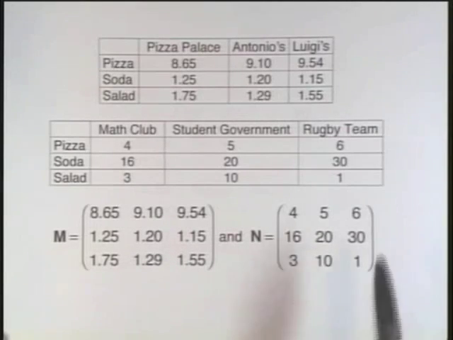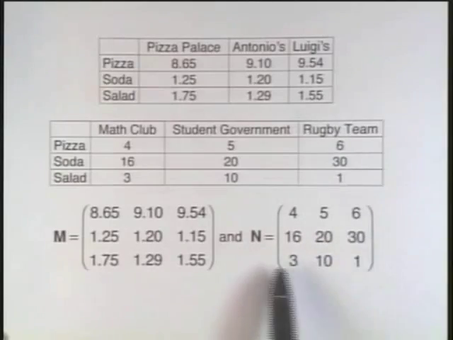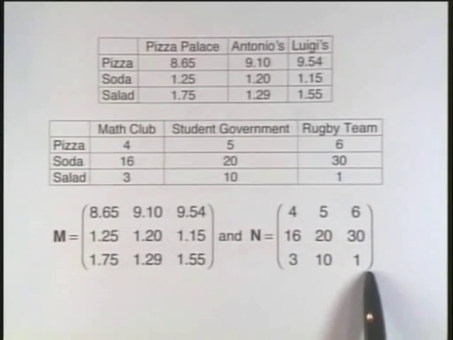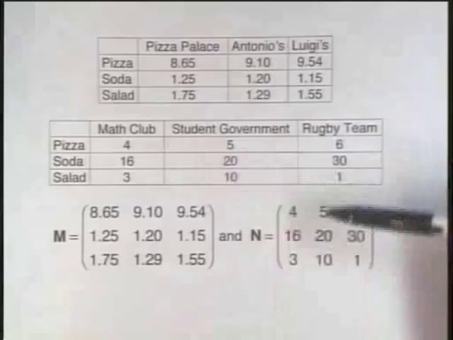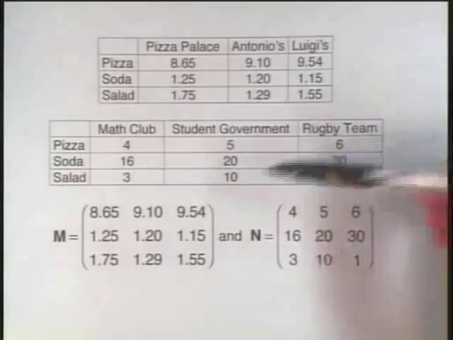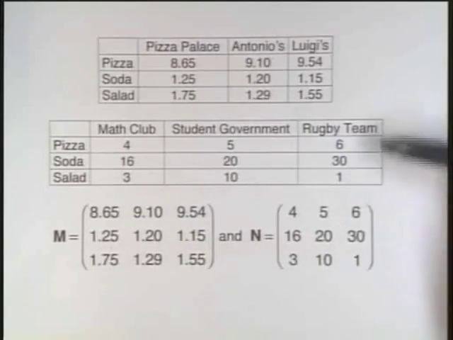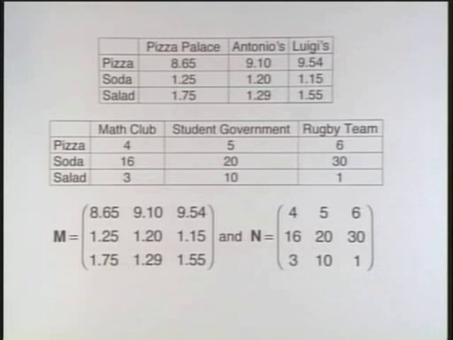Matrix N has pizza, soda, and salad according to the orders by the Math Club in the first column, Student Government in the second column, and the Rugby Team in the third column.